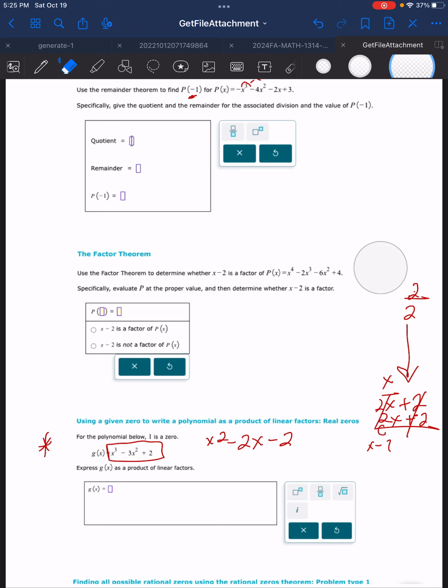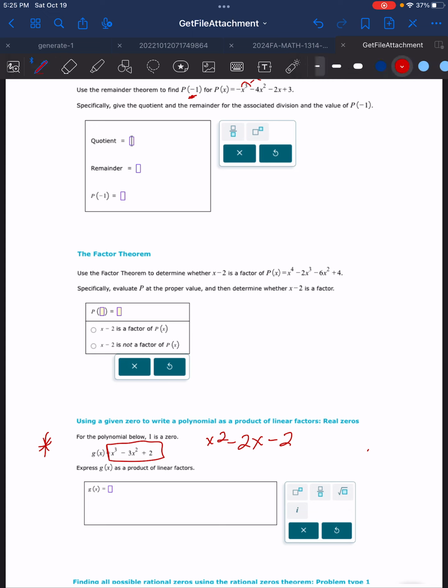So I'm going to erase this again because I need space for my quadratic formula. The reason why we're doing the quadratic formula is because we need to find out our zeros. By looking at this right here, I cannot find my zeros from that. So that's why we had to divide and get a smaller quotient.